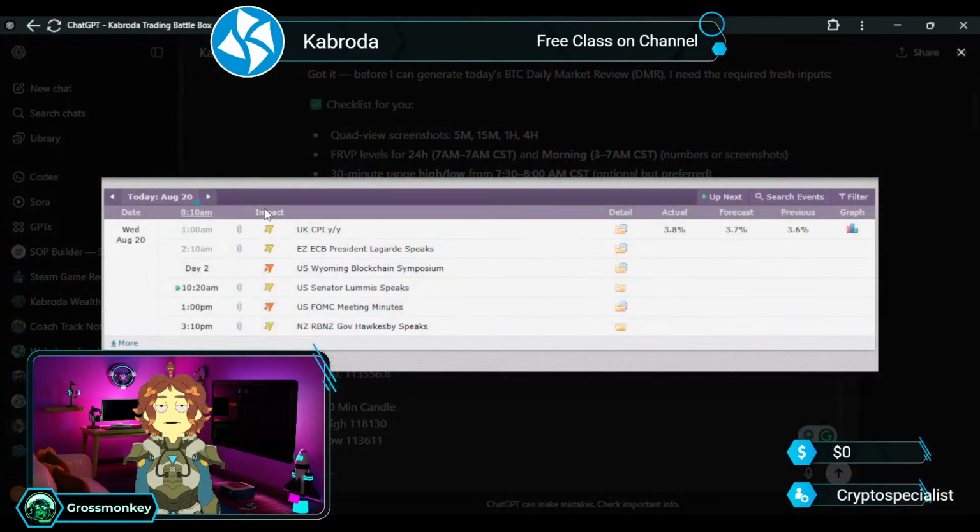If you go to cryptocraft.com, you've got all of the events here, what time they are over on this side, and then the impact they're going to have is right here in the middle. So it looks like we got an FOMC meeting at 1, and then blockchain synopsis for Wyoming.